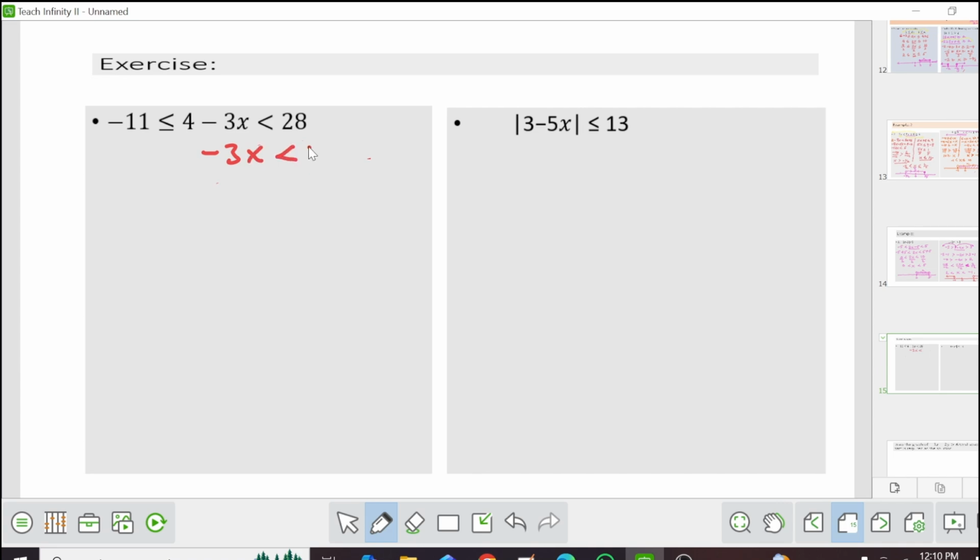That's minus 3x less than 28. Then 4 will be distributed, that's minus 4. Then the same thing, minus 11, then minus 4. So this will give me minus 15 less than or equal to minus 3x less than 28 minus 4, and I have 24.